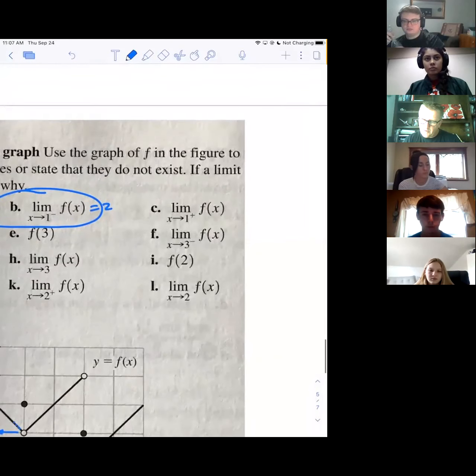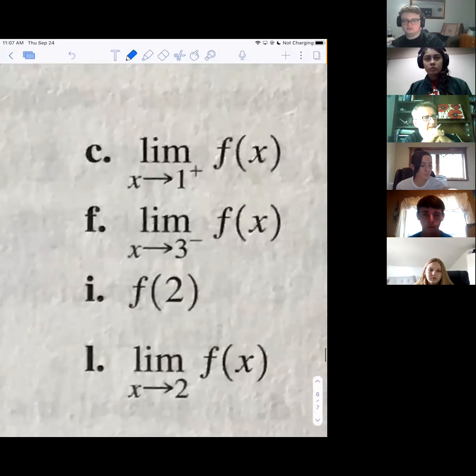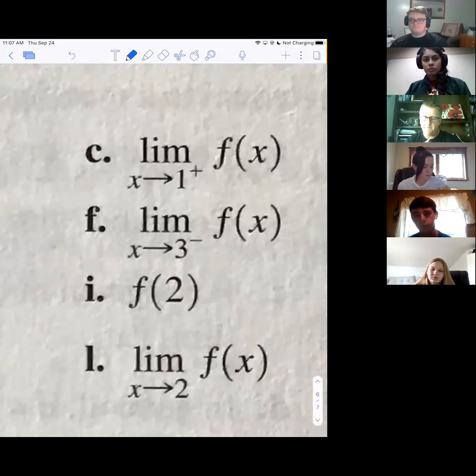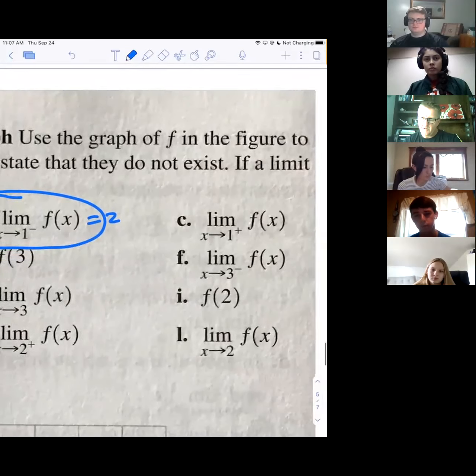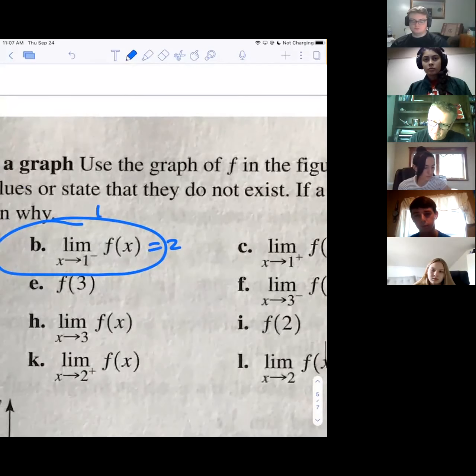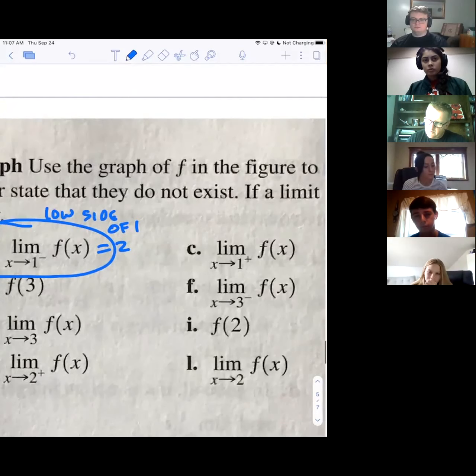Well, what about this second question? What's this saying? This is saying let's also choose 1, but this time what are we doing? Towards 3. Closer. So I like to think of this as the low side of 1, whereas this says 1 plus, so this is the high side of 1.